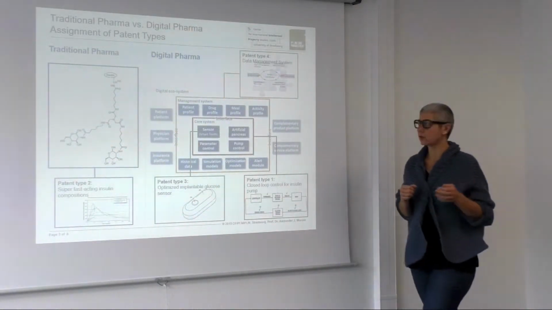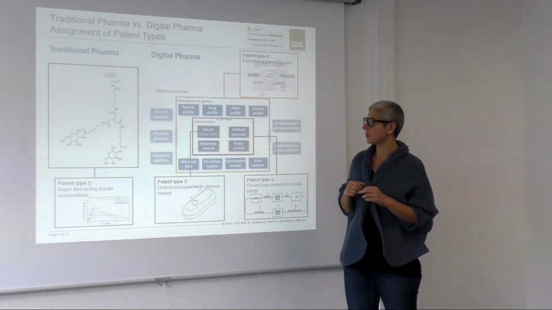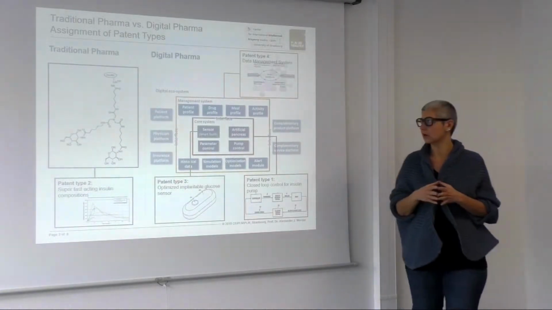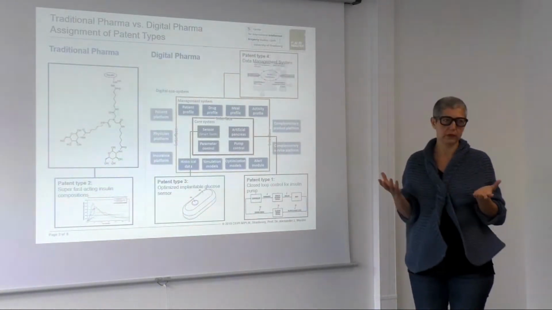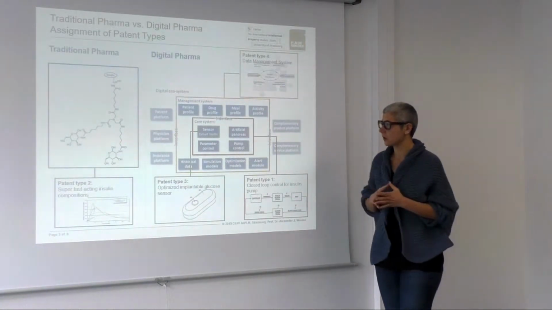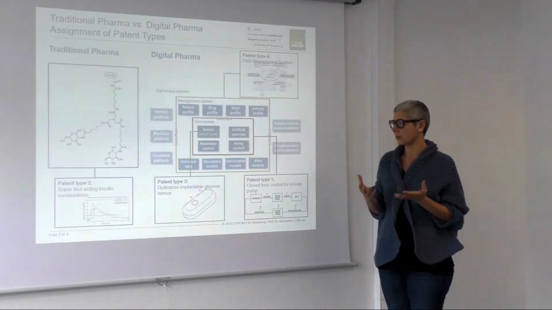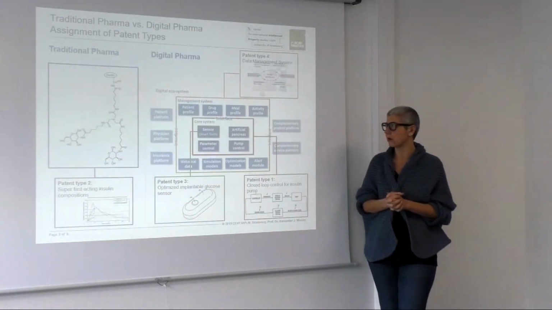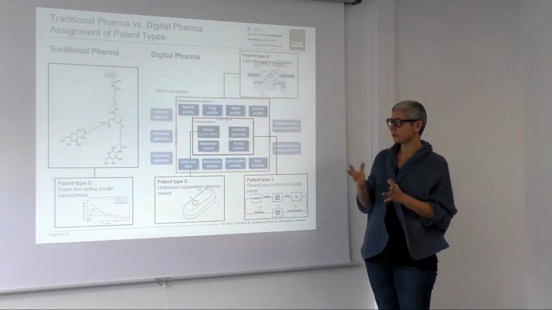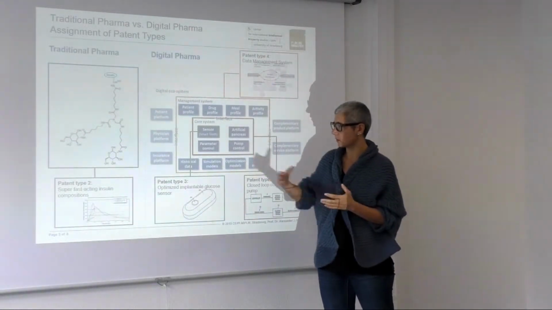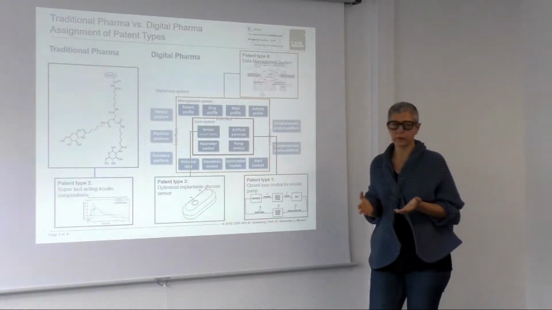So as we said before, when we are dealing with the traditional pharma, the product, the center of the business, is usually a molecule or a composition. So what we expect, and what is so far the way that the traditional pharma IP strategy has followed, is to rely on patents that cover the product or the composition.